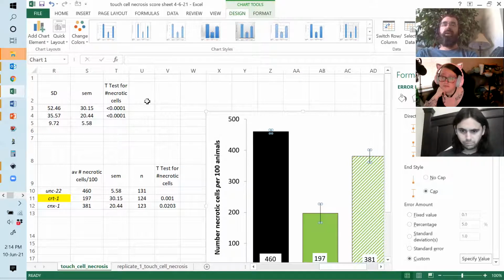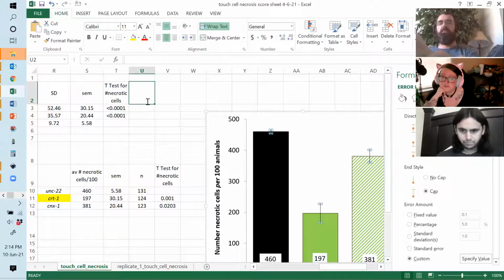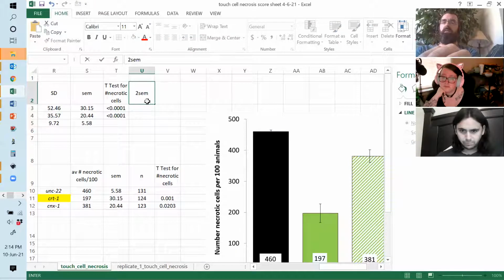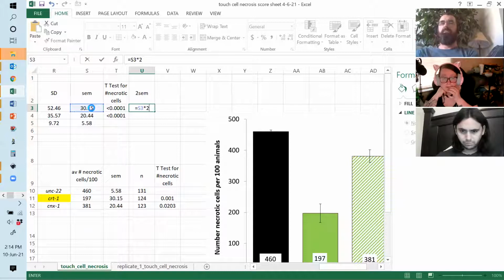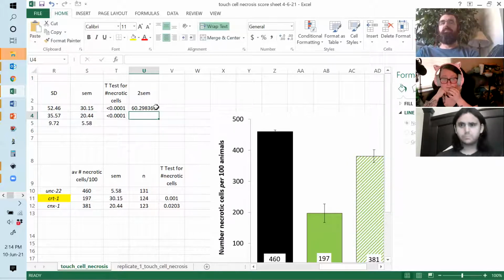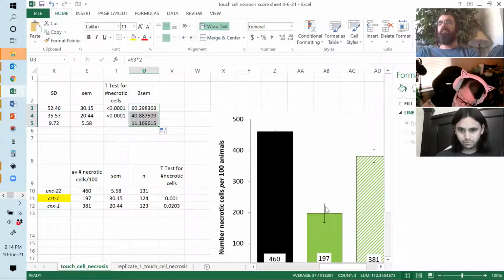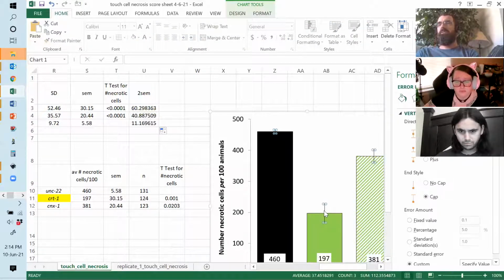Anyway, to do that, all you have to do is this times 2, and that's your 2 SEM. And then if you wanted to plot that instead, I'm going to change it. Let's save that, and then I can just close it if I need to. Click on those.